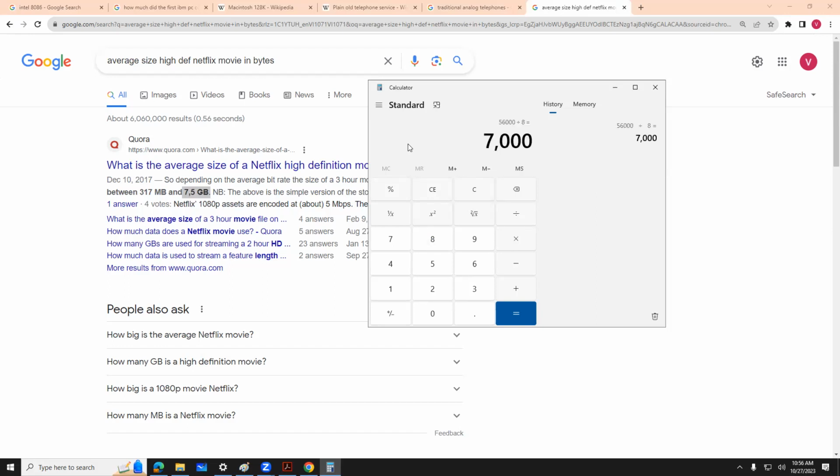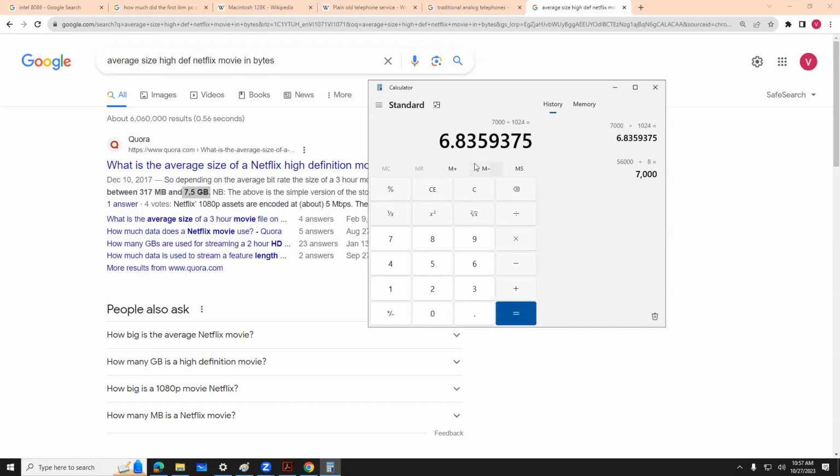That means I'm getting 7 kilobytes per second. 56,000 bits on a modem is 56,000 ones and zeros each second, and you have to divide by 8 to get bytes. And that's 7,000 bytes, which is 7 kilobytes. If I divide by 1024, that's 6.8 kilobytes per second.